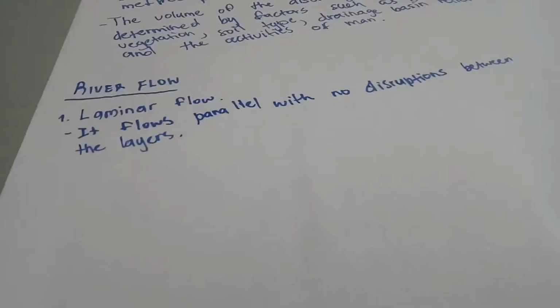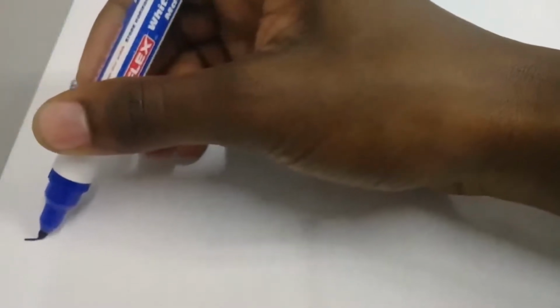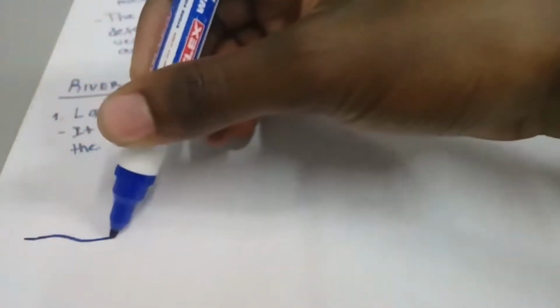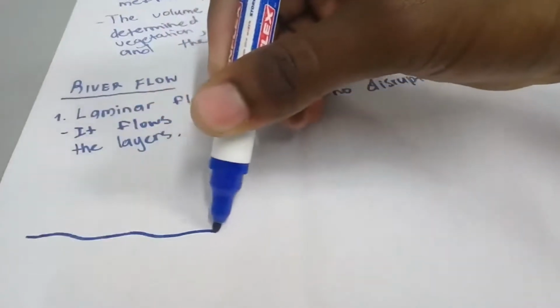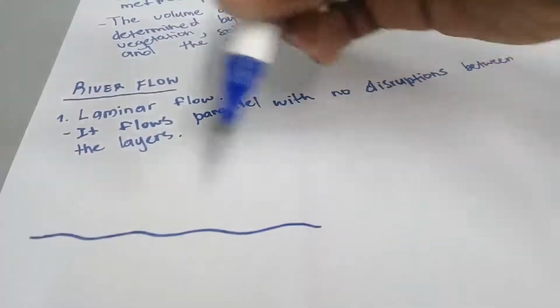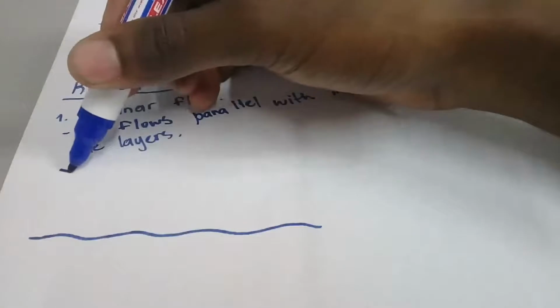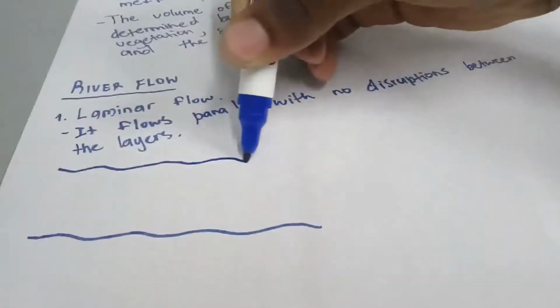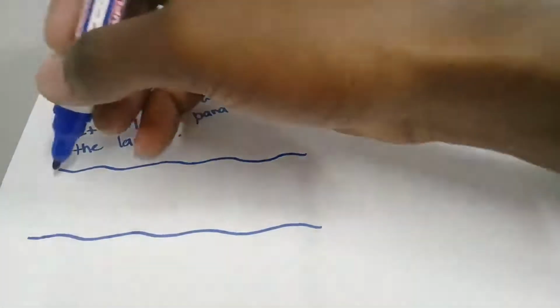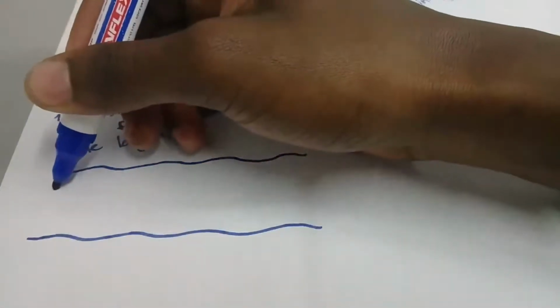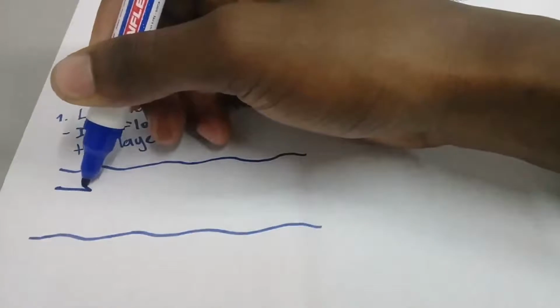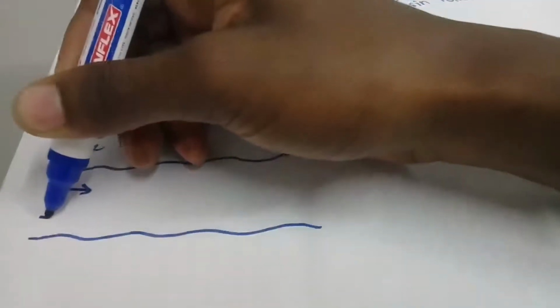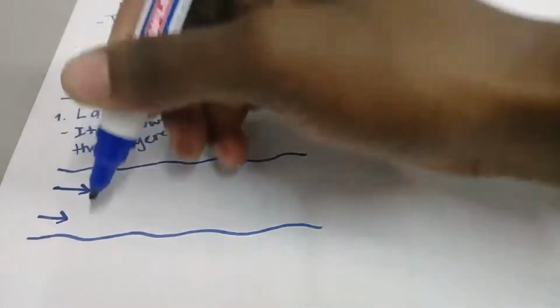So let's draw this laminar flow and how it's going to flow. Let's say these are the edges of a river. This is our river, the sides of the river. This is the flow of water. It's flowing with no friction.